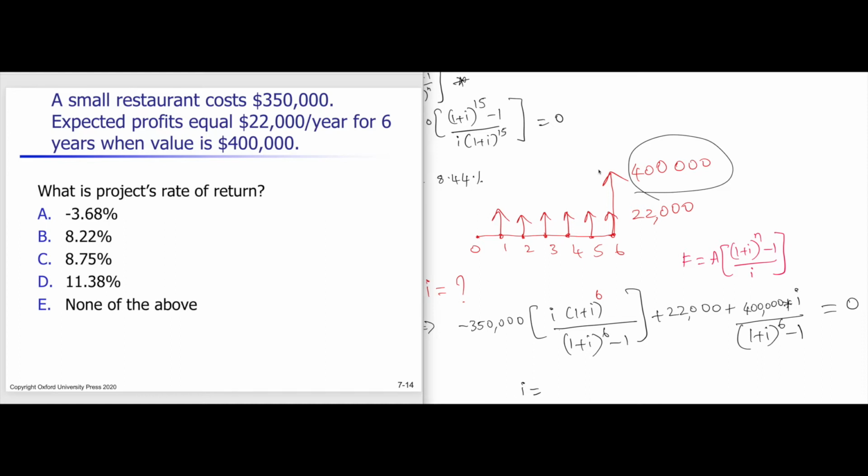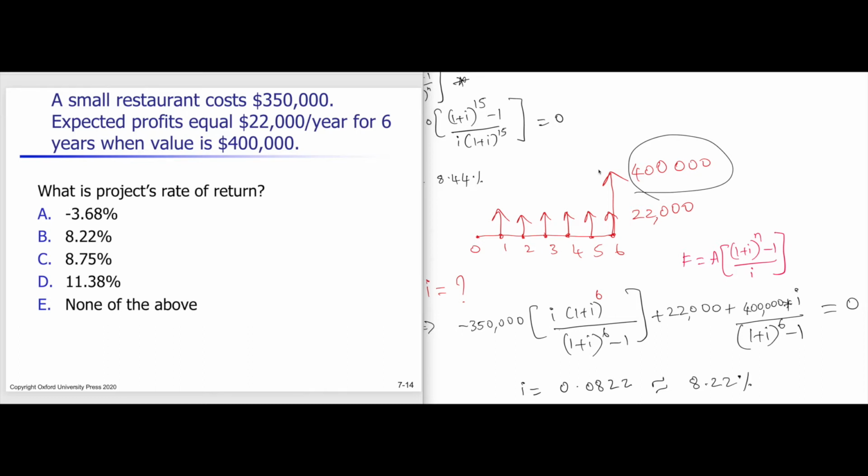So that should be equal to 0. It takes some time. I plugged into my calculator. So let's see what value I get here. I got 0.0822. That means it's equivalent to 8.22%.